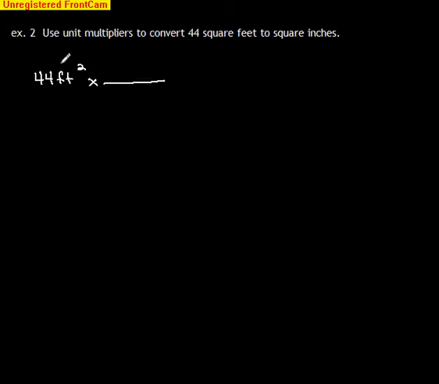To go from square feet, we're going to have to cross out 2 feet so that we can go into inches. So we're going to need 2 feet on the bottom to cross out with the 2 feet that are up here. And again, it's the same thing. We have 12 inches equals 1 foot.